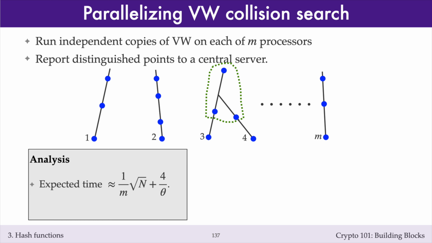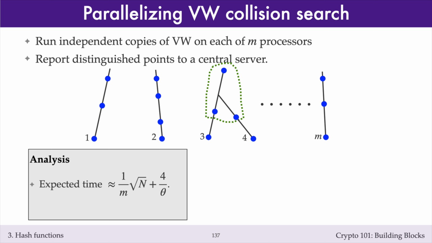The total number of points that have to be computed by all the m processors before a collision occurs is the square root of n, again by the birthday paradox. But now the points are being computed at m times the rate of when only one processor was used. And so the expected time for a collision to occur is the square root of n divided by m.